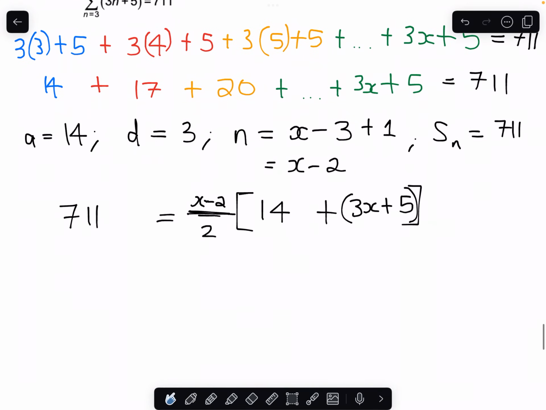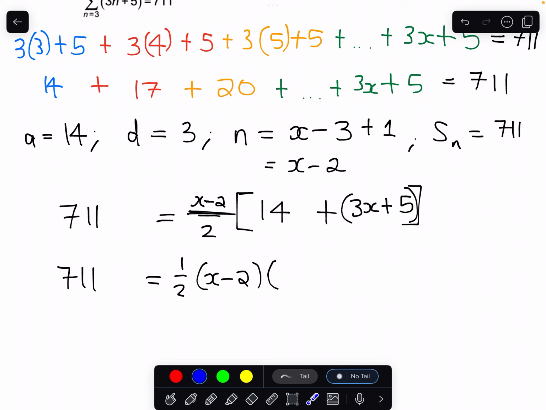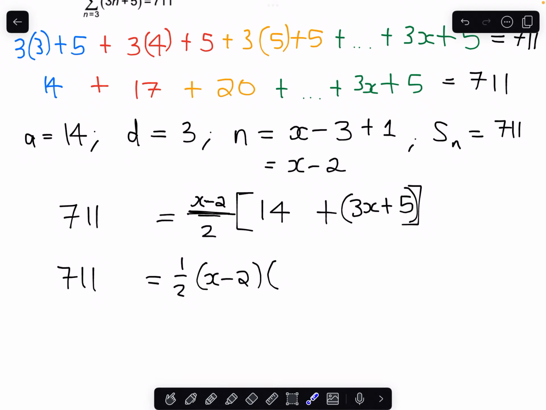Let us just simplify things a bit. This is pretty much a half times x minus 2 times 14 plus 5 is 19, so we've got 3x plus 19.